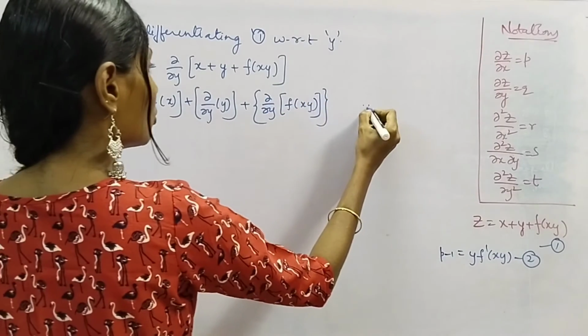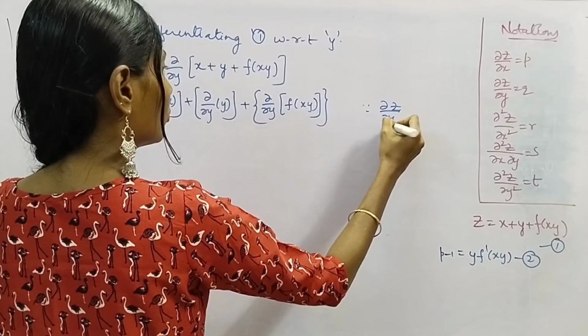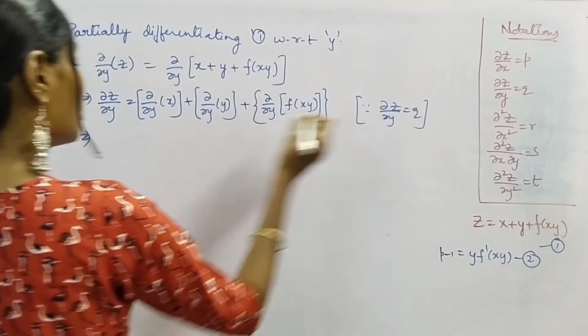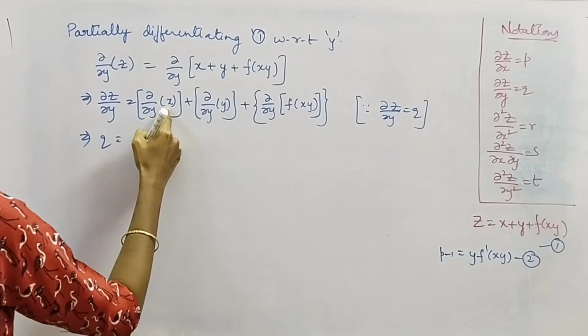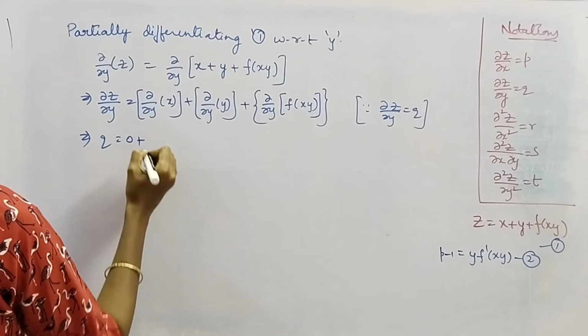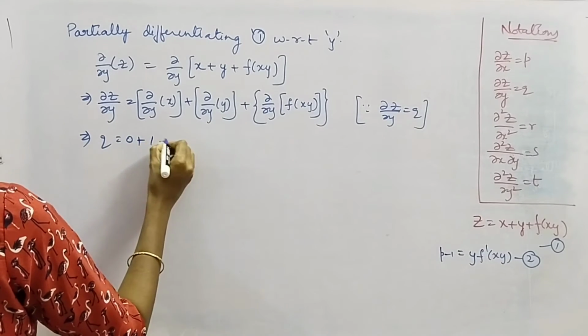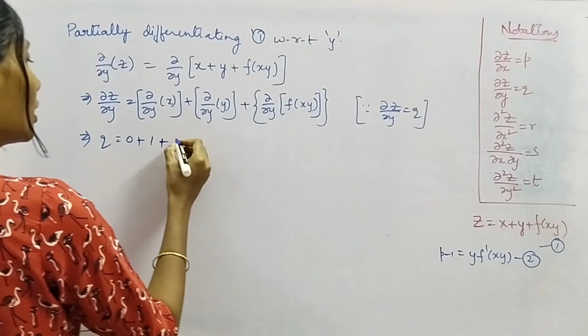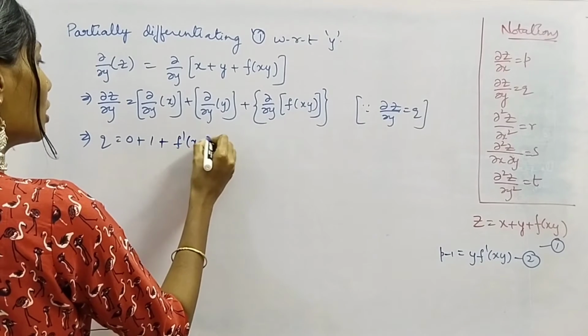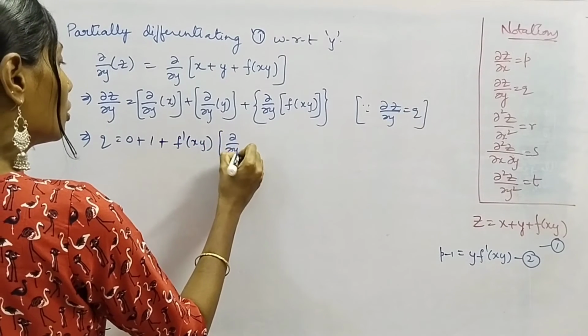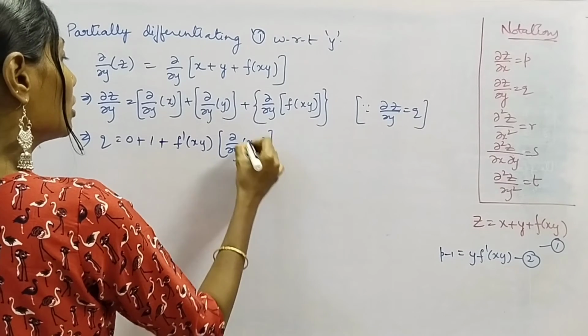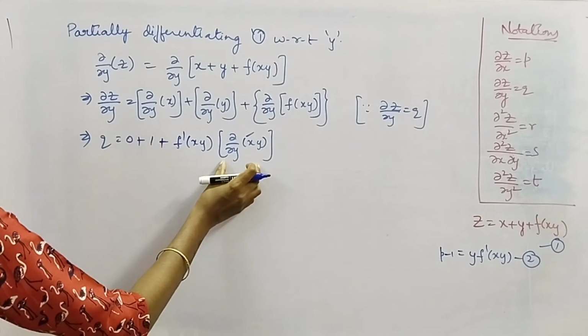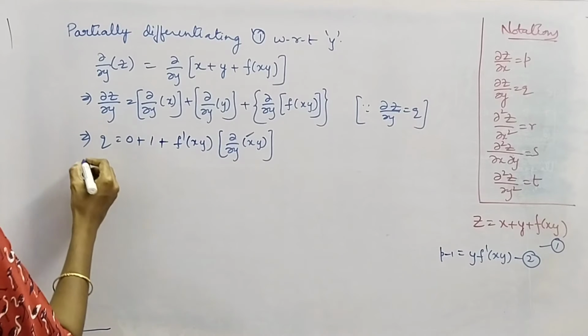Since we have the notation dou z by dou y equal to q, let's replace it by q. We'll get q equal to the partial derivative of a constant with respect to y, which is 0, plus the partial derivative of y with respect to y, which is 1, plus the partial derivative of f of xy, which is f dash of xy into the inner derivative, that is dou by dou y of xy. Here x is constant, so we can write this as x into dou by dou y of y.